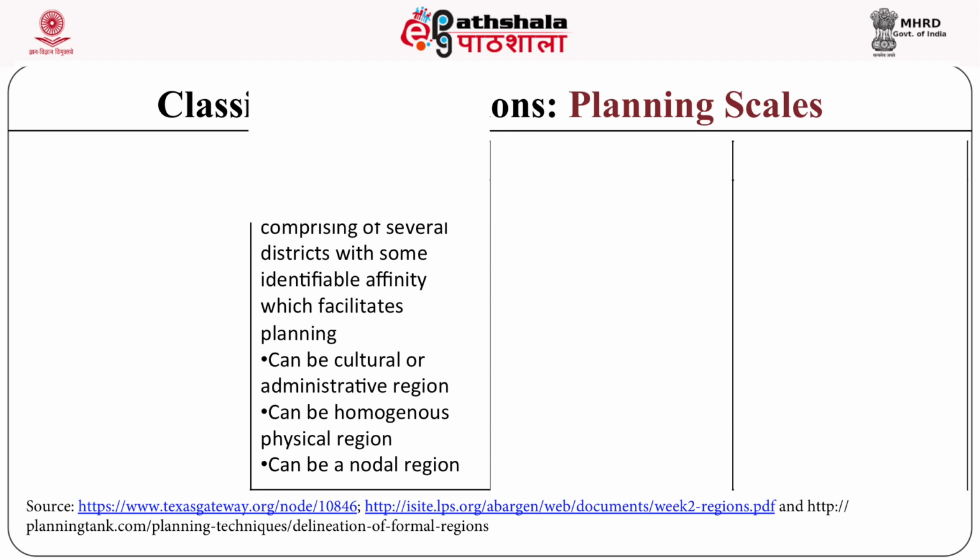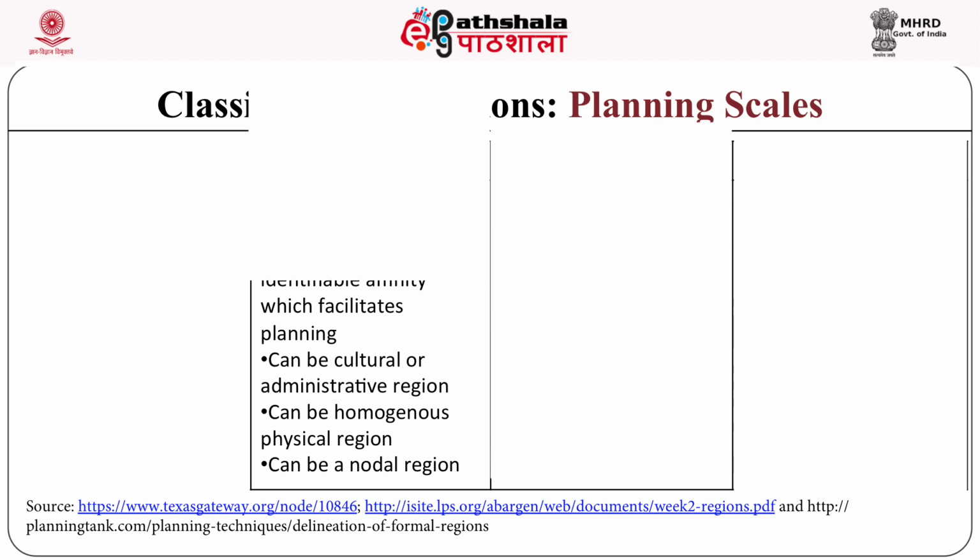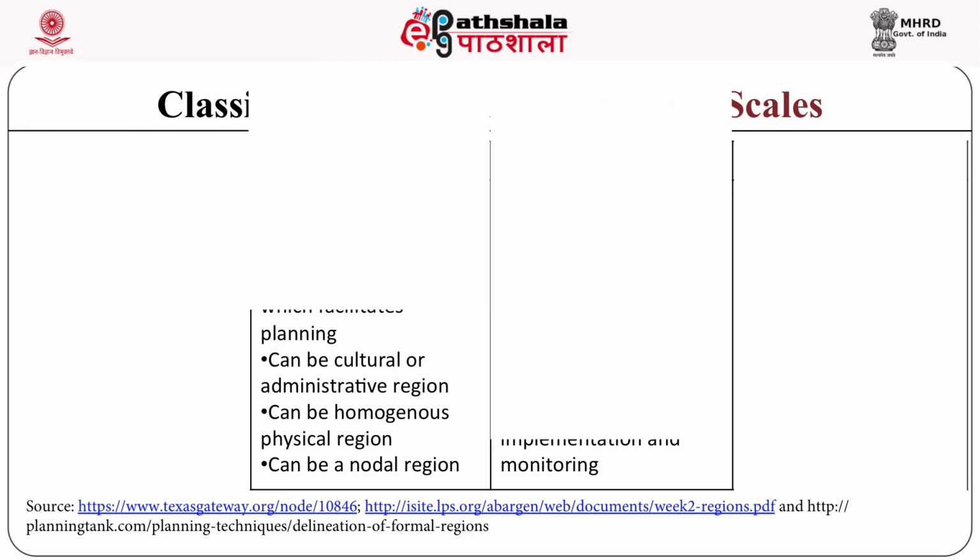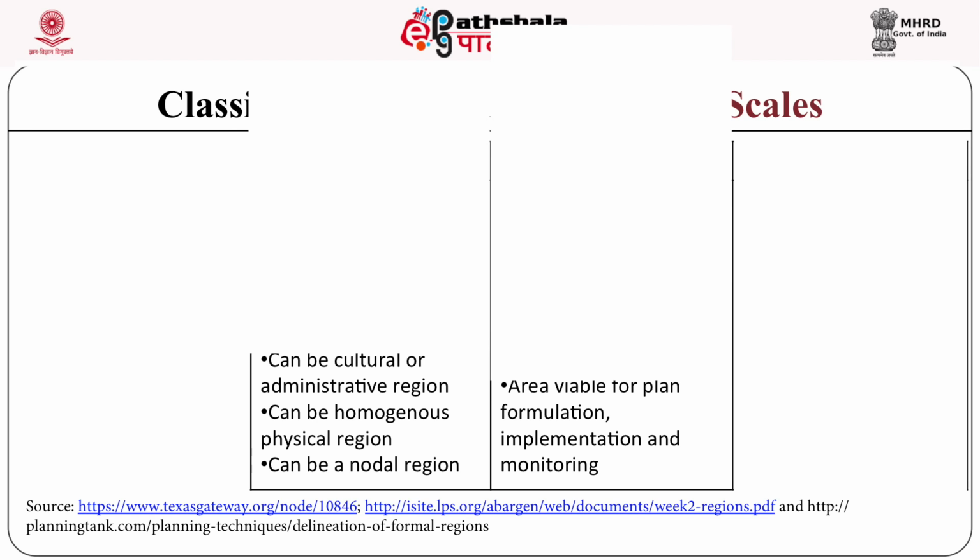And the next order in the hierarchy is the micro-region. Now with the micro-region we come down to the district level. The district is the lowest territorial unit of planning for regions.